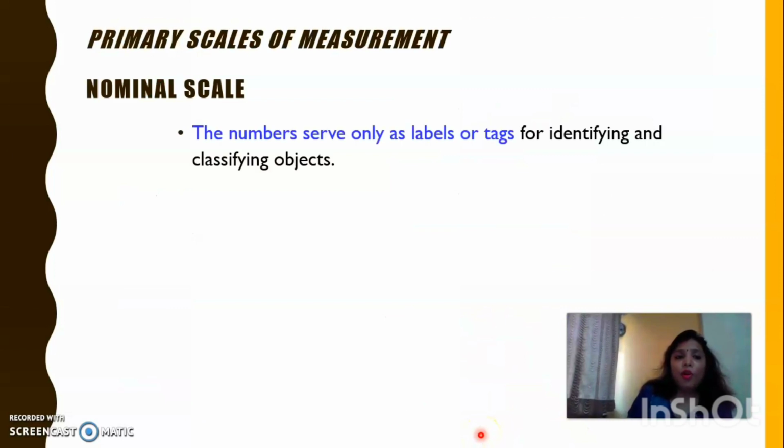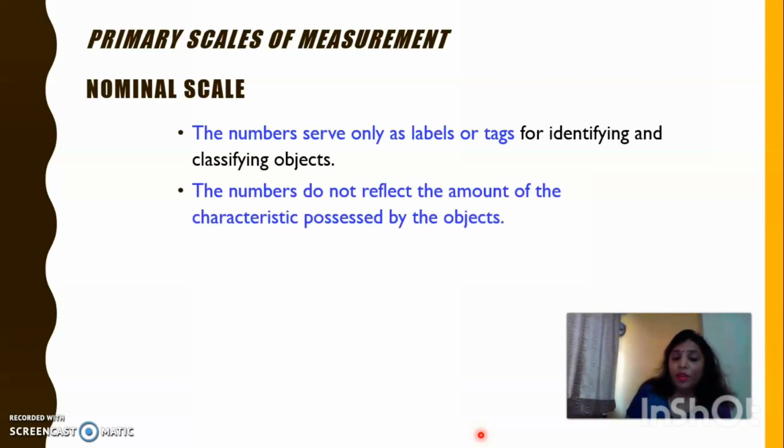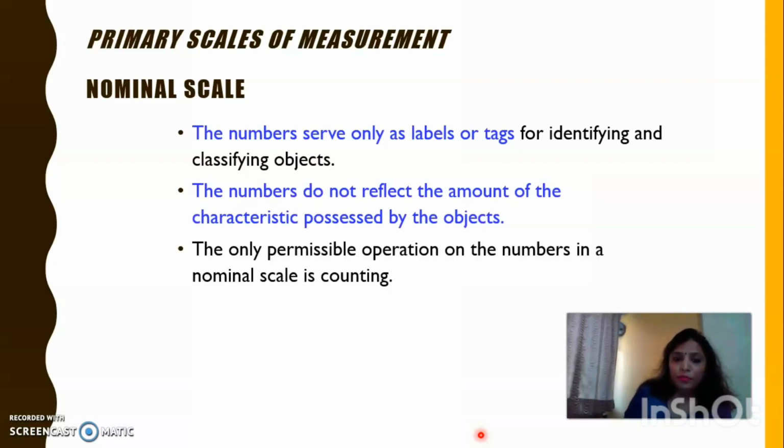So coming to your nominal scale, they are only labels or tags, and they are used to identify or classify objects, and they do not reflect the amount of characteristic possessed by the object. The only operation which could be done on the nominal scale is counting. So if I talk about the number of participants in a race, right?